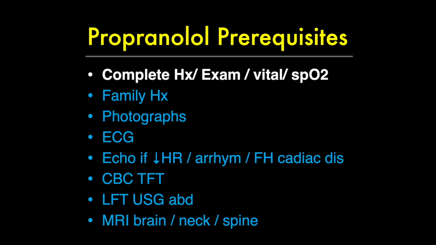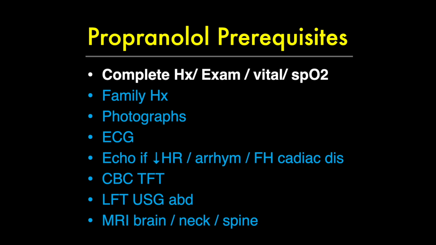Before starting propranolol, there are some prerequisites. We should take a complete history of the patient, and a complete family history, especially emphasizing any cardiac disease that runs in the family. Do a complete examination and see if there are any other hemangiomas besides the one you're planning to treat. Check the vitals and oxygen saturation, and take photographs so we know when the hemangioma is regressing.